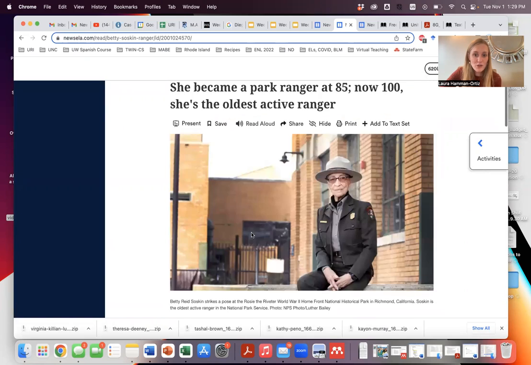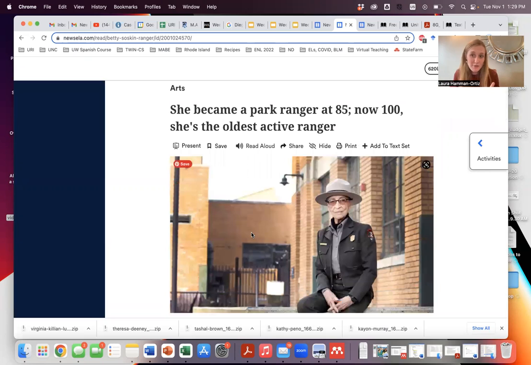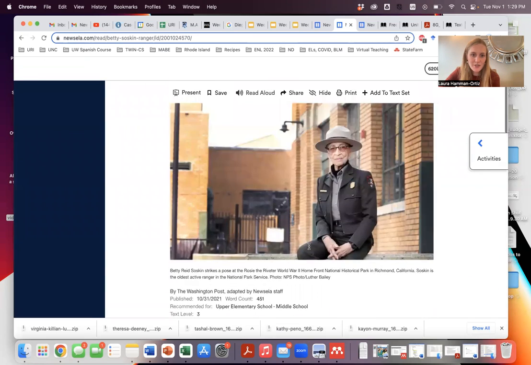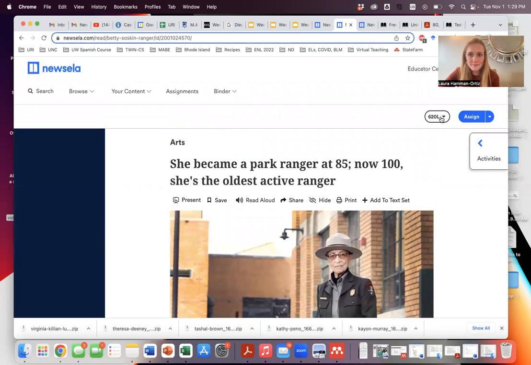So what's great about this is the content can remain focused on the grade level that you're targeting. So if you teach 5th grade and you want your emergent bilingual students to still be engaging with 5th grade content, you can ensure that they can still do that, but you're then modifying the language so that the text is a little bit more accessible. All right.